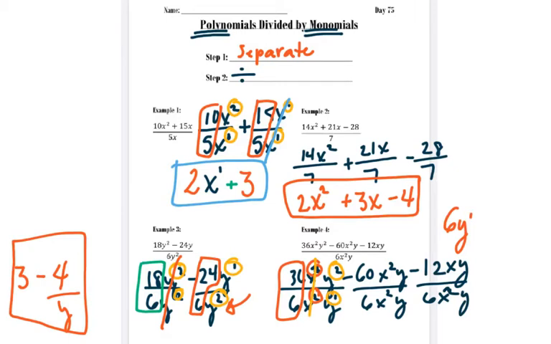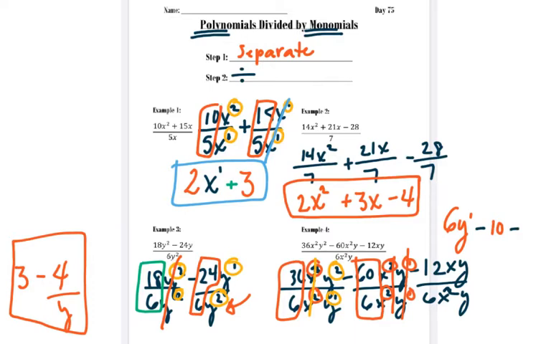Now we're ready for our next term. 60 divided by 6 is the number 10. Exponents are stacked, so you subtract. 2 minus 2, 0. Exponents are stacked, so you subtract 0.